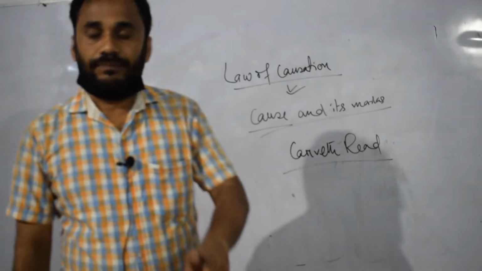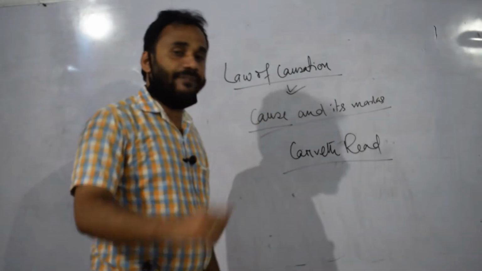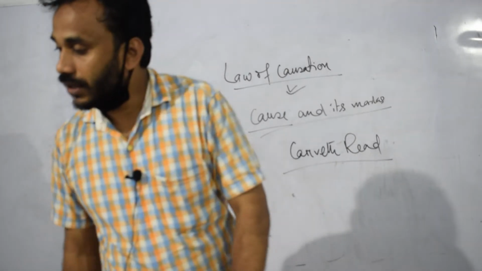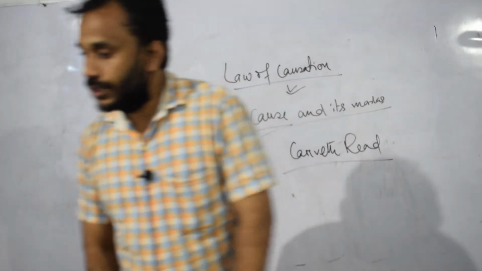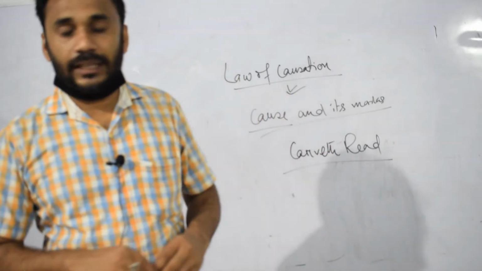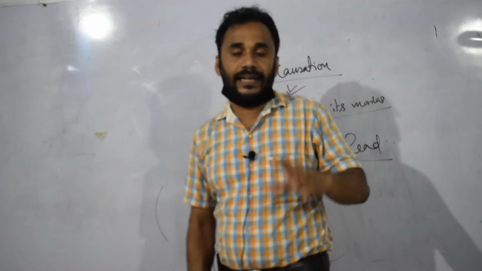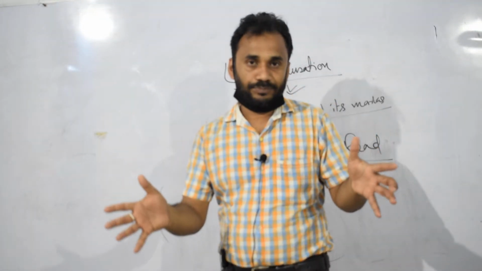Number one, the cause is relative to a given phenomenon called the effect. The first qualitative mark is that cause and effect are relative to each other.